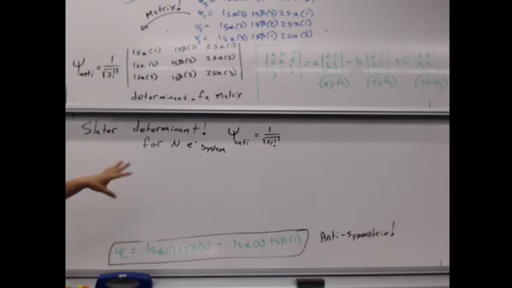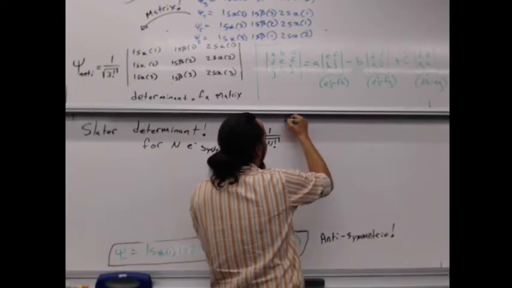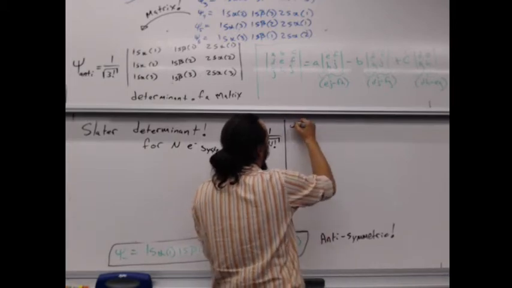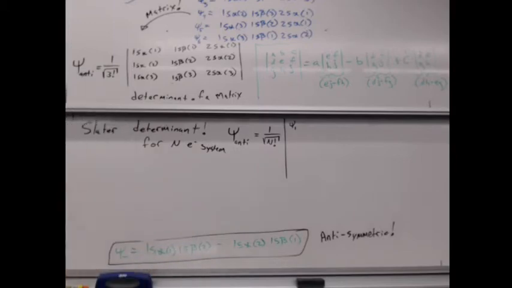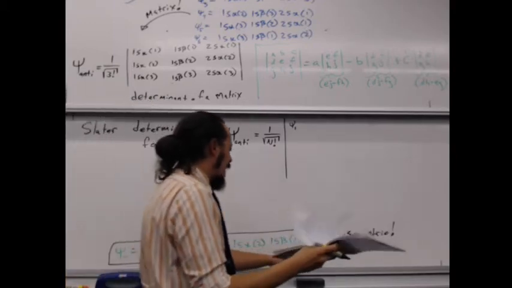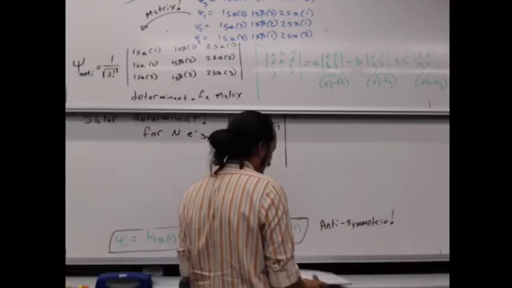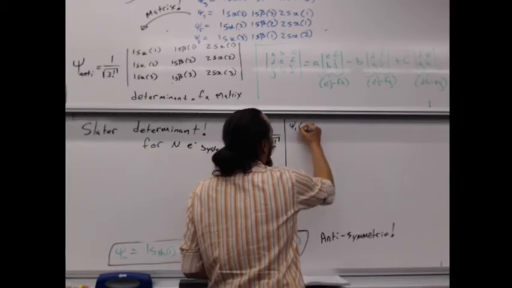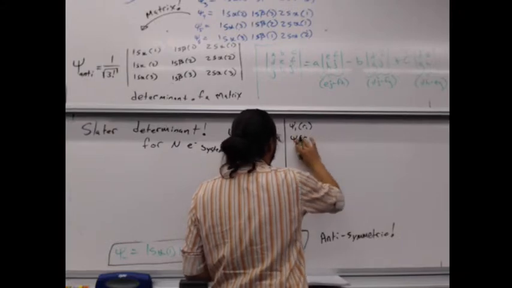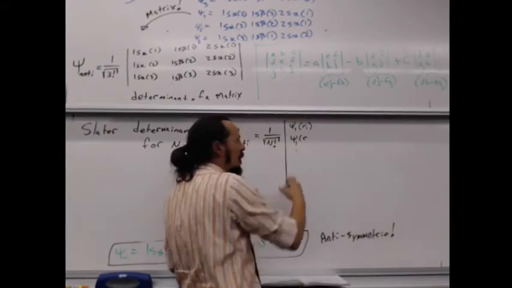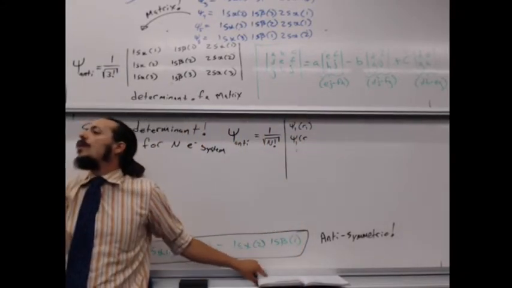I'm thinking that would be a good worksheet problem. And then we're going to have, let me look at my notes, make sure I don't get this wrong. So, I'm going to use my more explicit labeling. I'm going to have a psi1 with an R1, a psi2. So my first column is all going to be the same wave function with the variable changing.